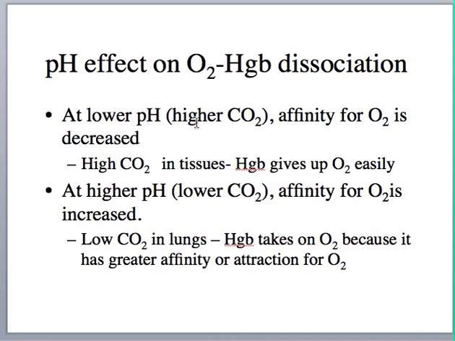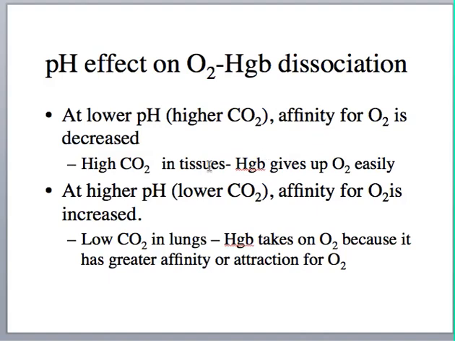At the lower pH, meaning higher CO2 levels, the more CO2 we have in our blood, the lower the pH, and we learned about this in A&P 1. This will be something that we'll discuss in class just to make sure you understand it. But when you have higher CO2 in the blood, that gives your blood a lower pH. And at lower pH, the hemoglobin has a decreased affinity for oxygen, meaning it will give it up more easily.